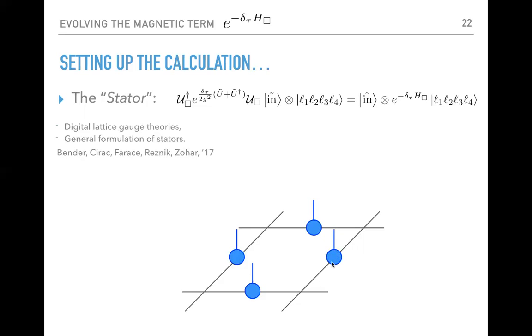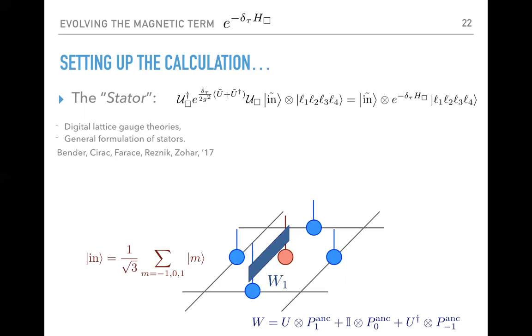So basically you have a plaquette, which has four links. And the idea is we want to implement this operator, e to the minus delta tau H plaquette. So what we want to do is we introduce an ancillary degree of freedom, which is a helping degree of freedom in the middle of this plaquette. And we initialize it in a completely symmetric state. And then we start to apply two-body gates, as they are called.